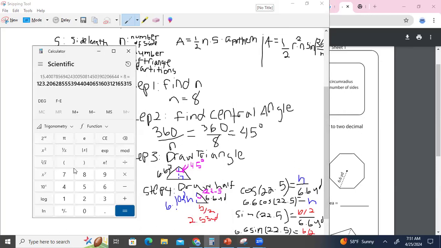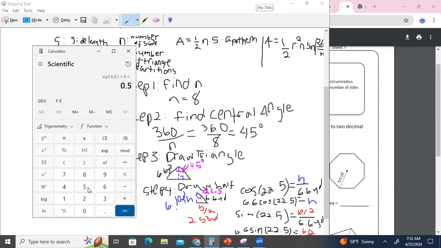So we can say 6.6 squared is 43.56. Multiply that by the number of sides, which is 8. Multiply that by a half, I'll just do 0.5.